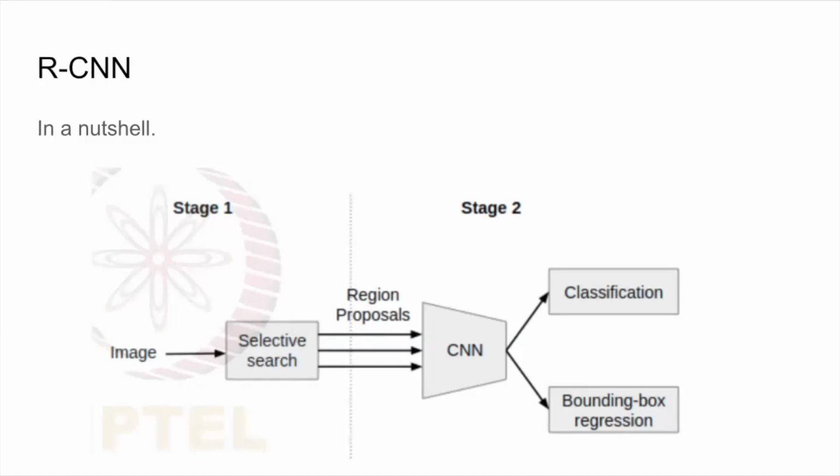In stage one, the image is passed to the selective search algorithm. The selective search algorithm will propose regions where an object might lie.